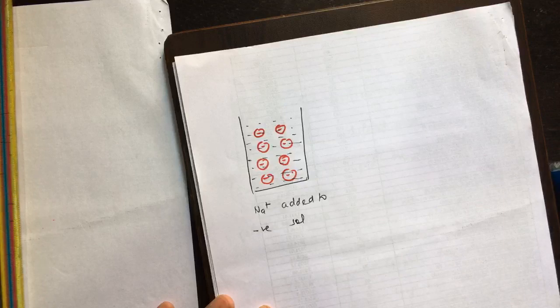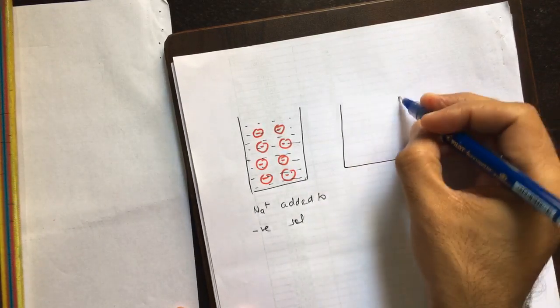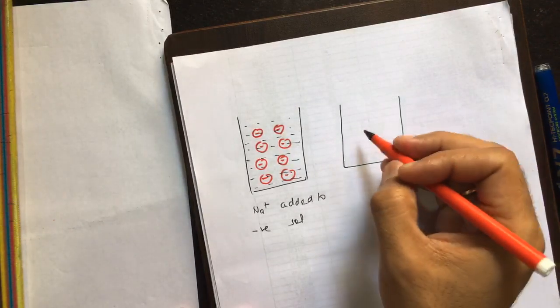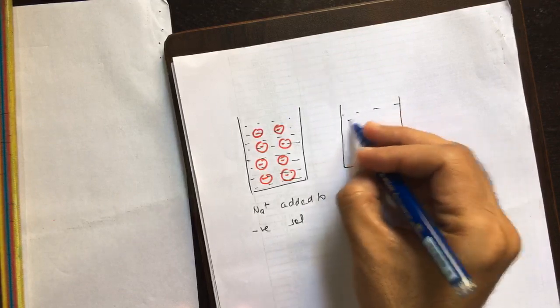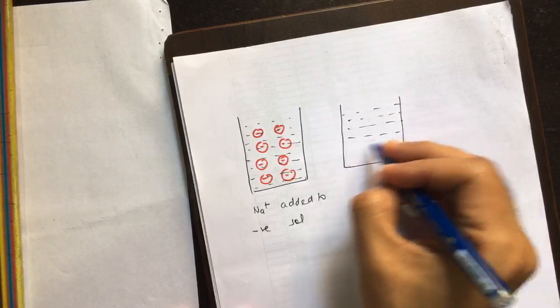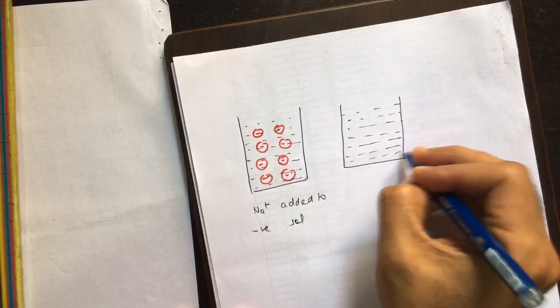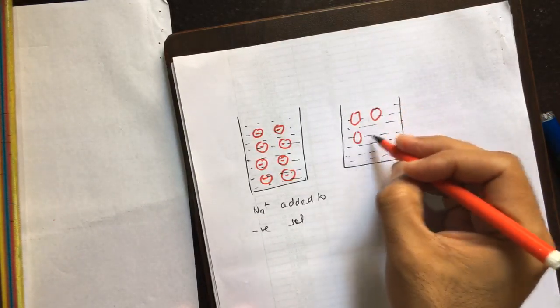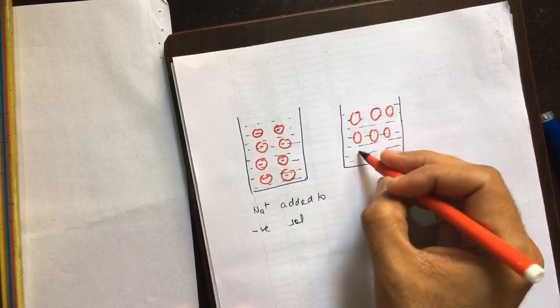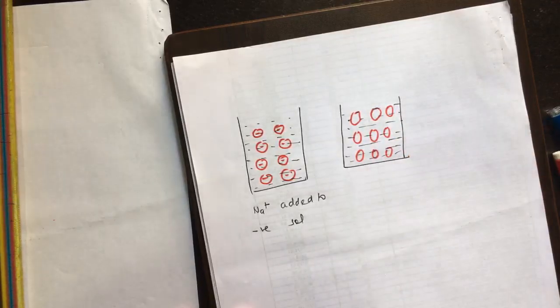When sodium plus is added to the negative sol, what will happen? This will become neutral now. This all will become neutral, because already this is a dispersion medium. This all has become neutral. Now what will happen?